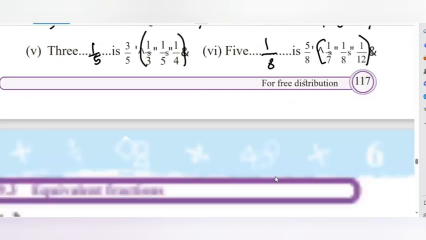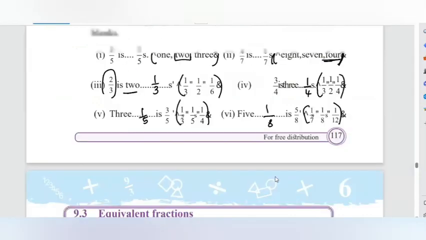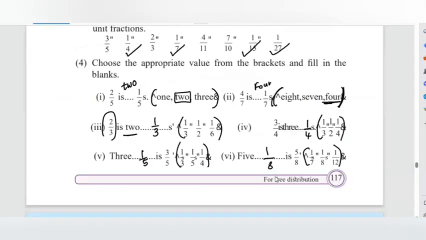Okay. This is about the introduction of fractions. Now we have learned what a fraction is, how we express and read a fraction, the special names given for particular kinds of fractions, the two parts of a fraction, the types of fractions, and how we express a fraction in terms of unit fraction.